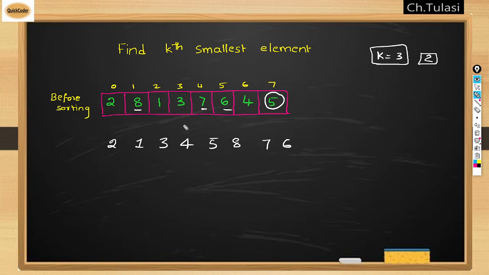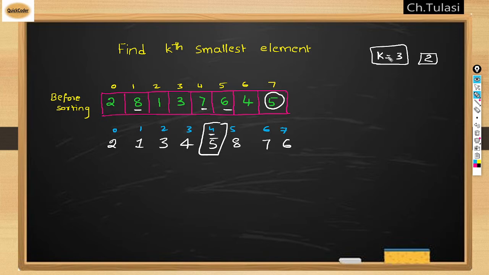Now we return the index of the pivot element after partitioning the array. Let me write the indexes also: 0, 1, 2, 3, 4, 5, 6, 7. My pivot index is 4.